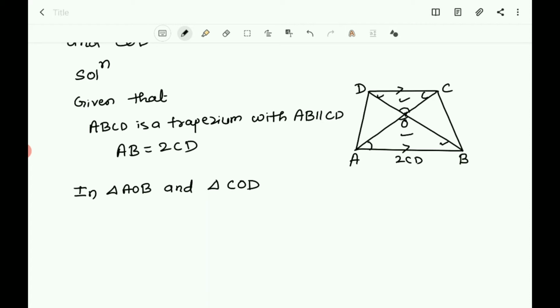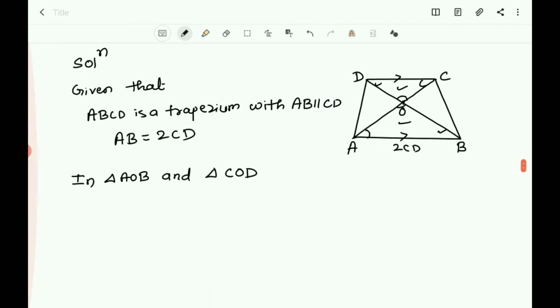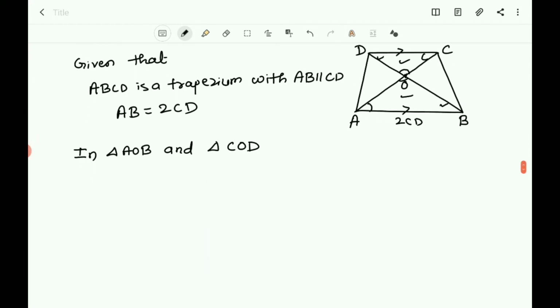You take any two pairs of corresponding angles here. In triangle AOB and triangle COD, you write angle OAB is equal to angle OCD, and also angle OBA is equal to angle ODC.